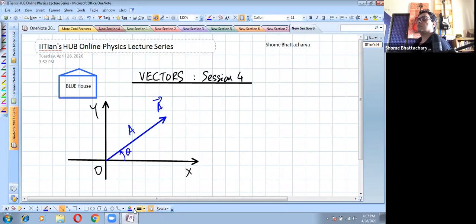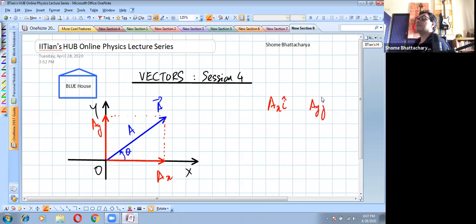we draw perpendiculars on the x and y axis, and the so-called projections that the vector throws on the x and y axis, those projections become the so-called x and y components, which in scalar form we can write as ax and ay, but in vector form we write the components as ax i cap and ay j cap.